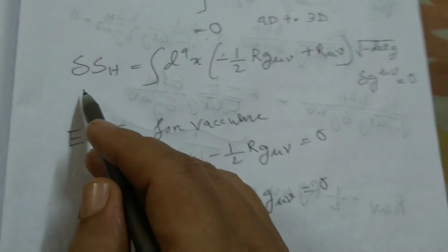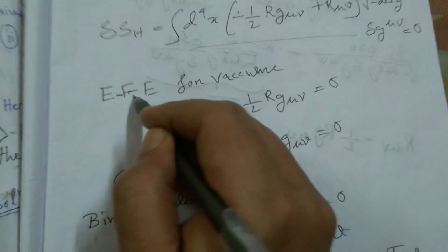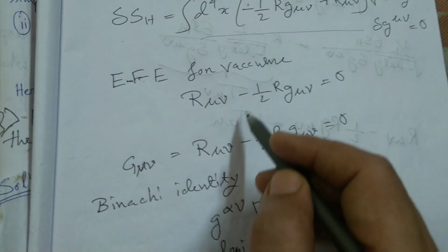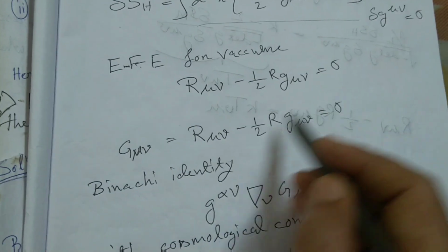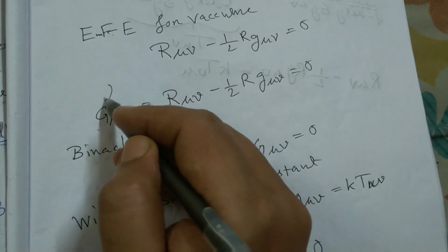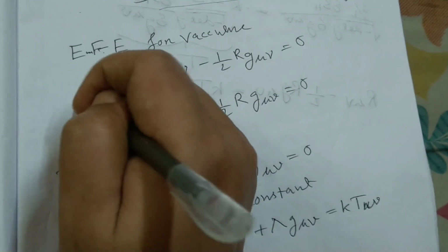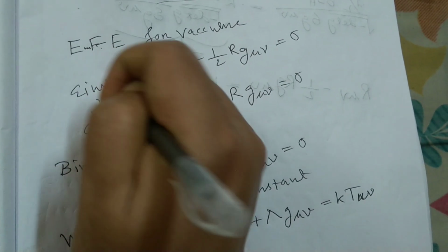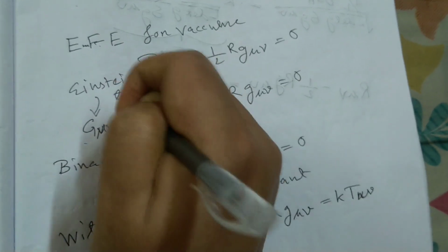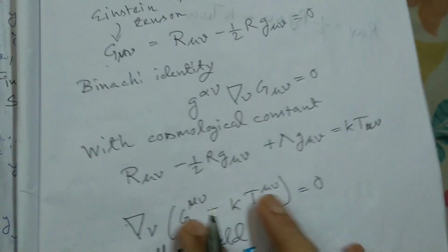Now you see del S is this portion, and now the Einstein field equation for vacuum, we get this equation equals 0, and G mu nu we call the Einstein tensor. Einstein tensor G mu nu is equal to 0.